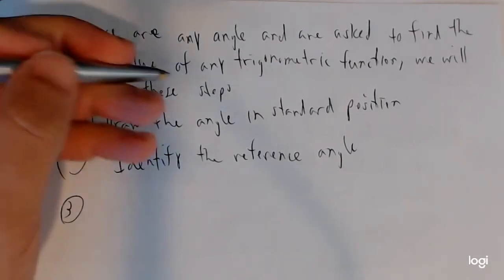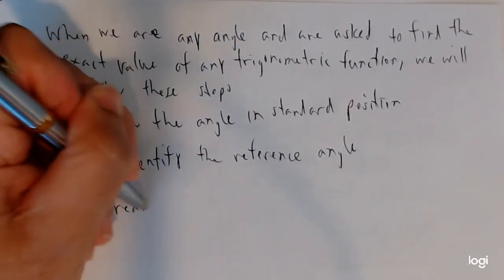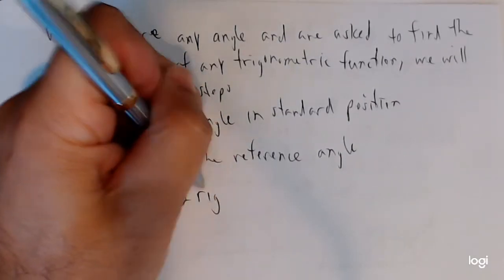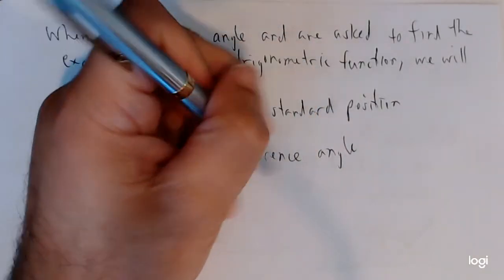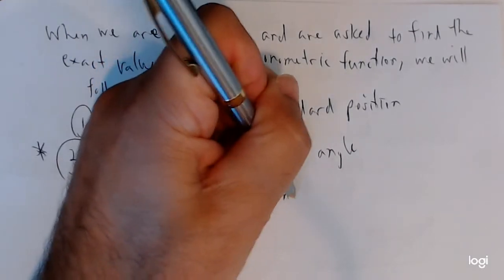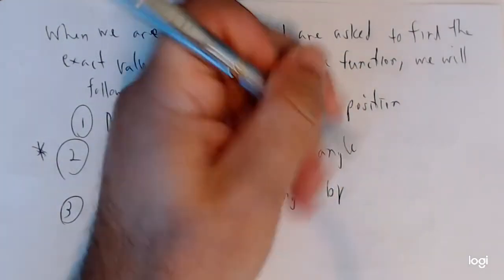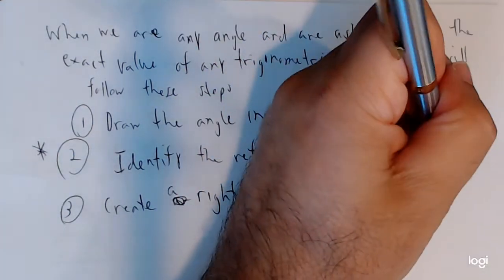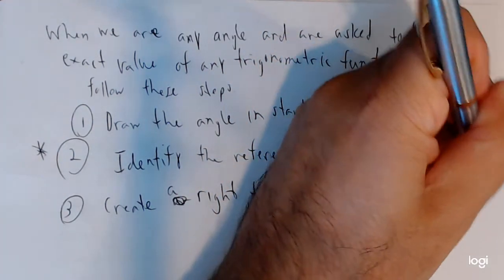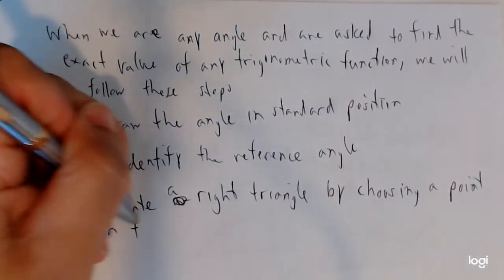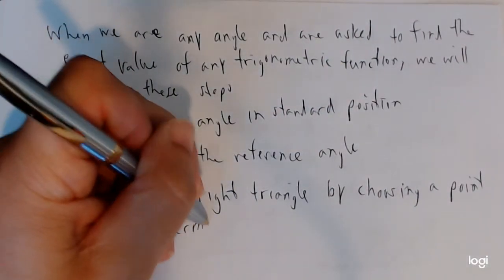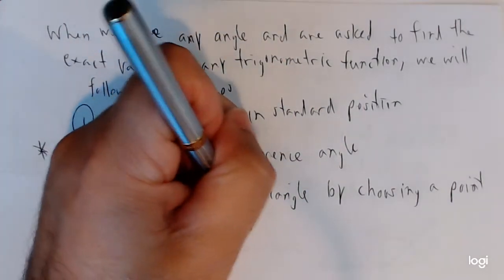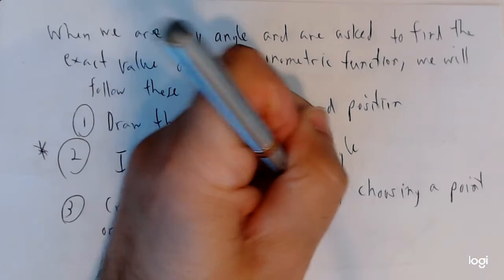So then we would create a right triangle by choosing a point on the terminal side to the x-axis.